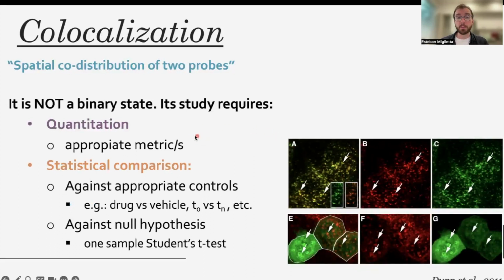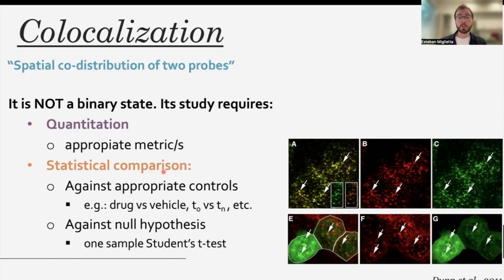And for quantitation, we need appropriate metrics with which to represent this phenomenon of colocalization. That's what we are going to be talking about. But apart from the quantitation, we also need some kind of statistical comparison. A number by itself tells us very little about the biology behind an image, because, as we will see, the raw numbers that many of these metrics produce are highly affected by technical circumstances or decisions that the analyst makes that have little to do with biology.